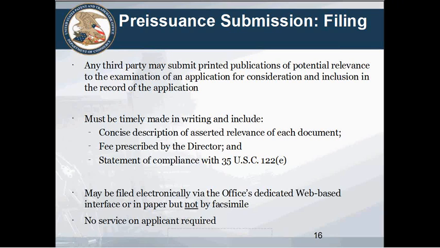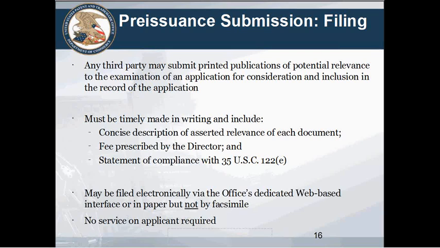Now, the third party on whose behalf a submission is being made can remain anonymous. But to do so, the third party would need to use another as the submitter, in that the submitter must sign the submission.